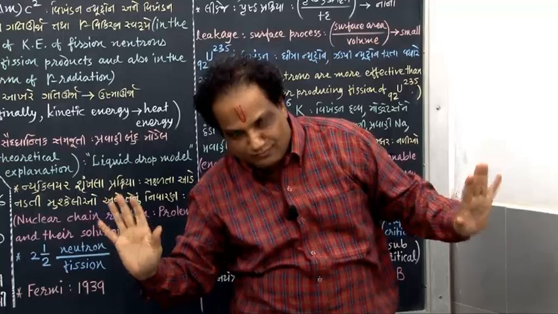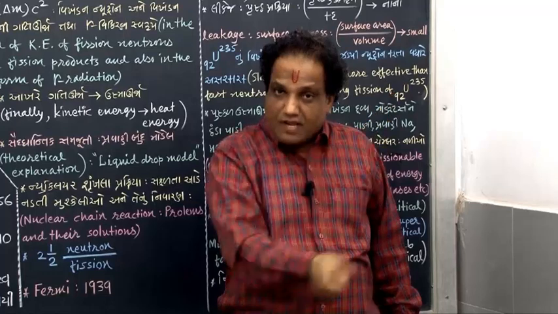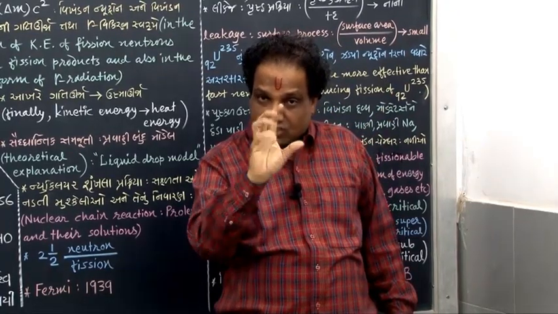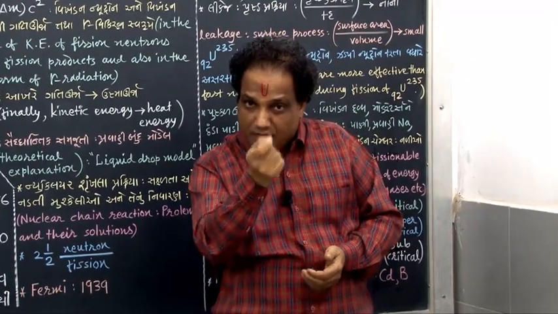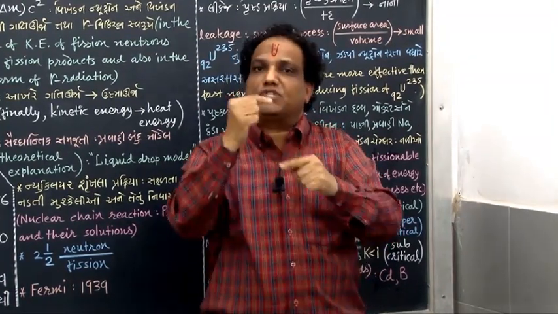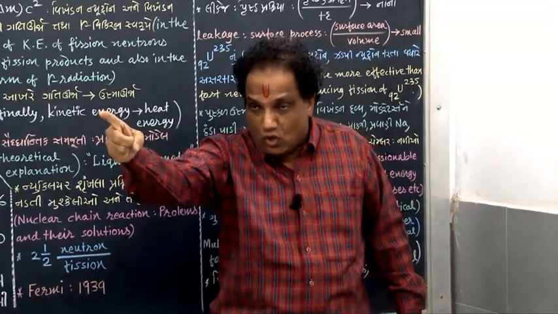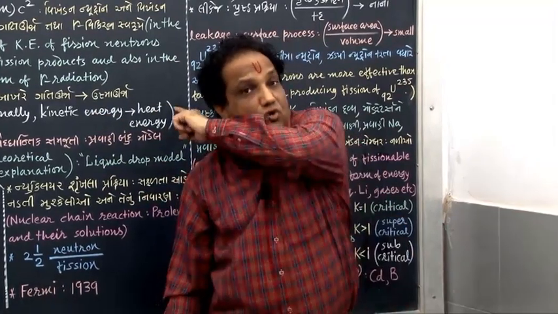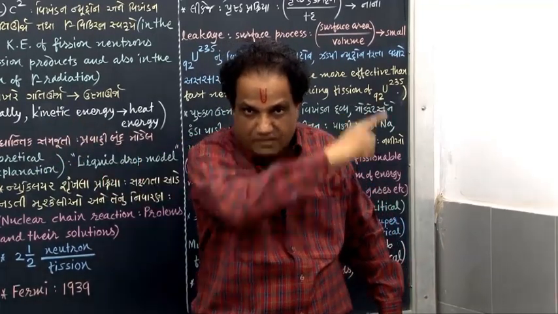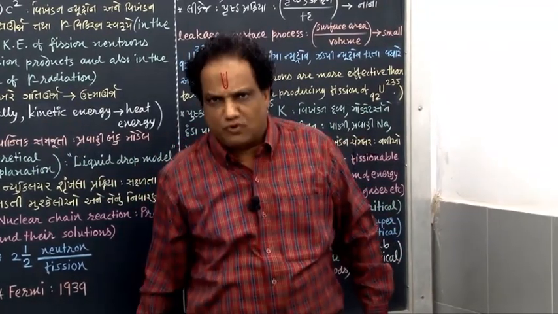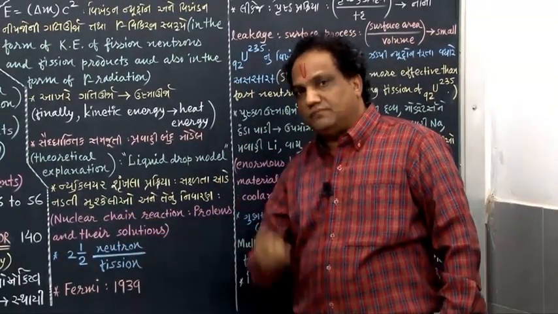The number will increase fantastically, and if through some proper experimental setup you can utilize the same number of emitted neutrons in producing fission of the same number of uranium nuclei, then this whole nuclear fission process can be continued quite long in the form of a cascade, one after another. Such a long nuclear fission process is known as a nuclear chain reaction.